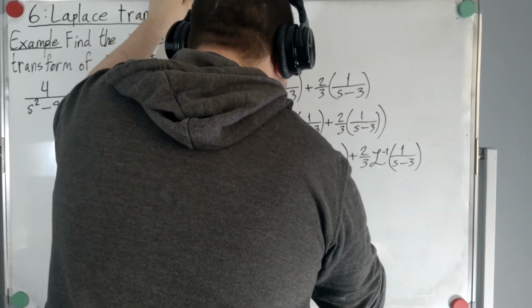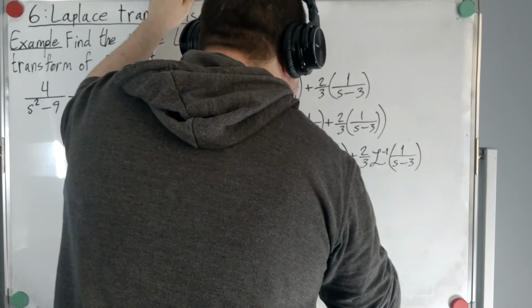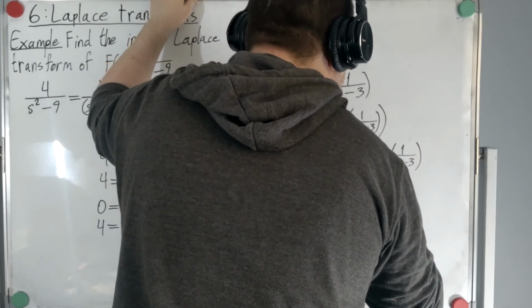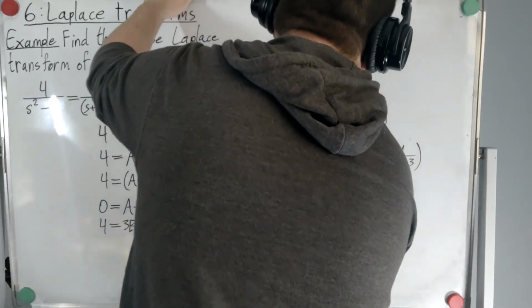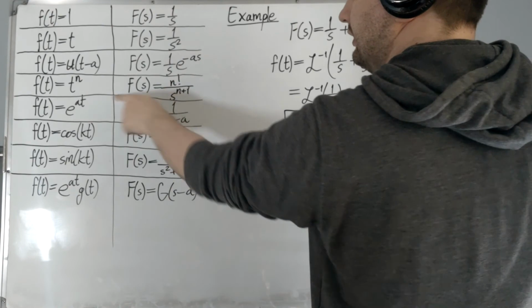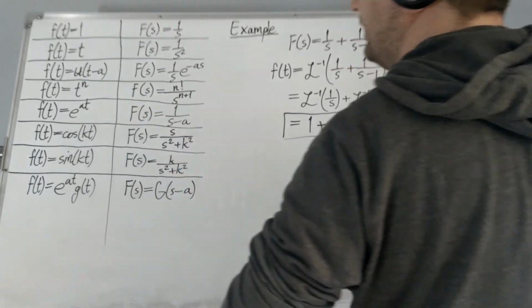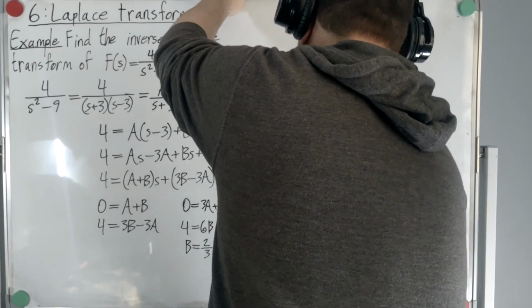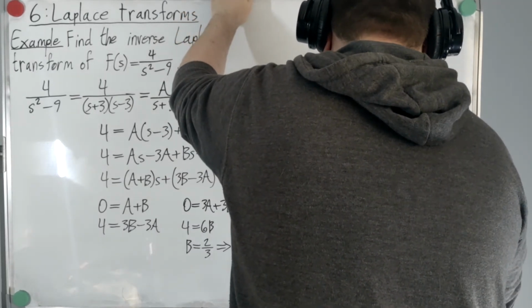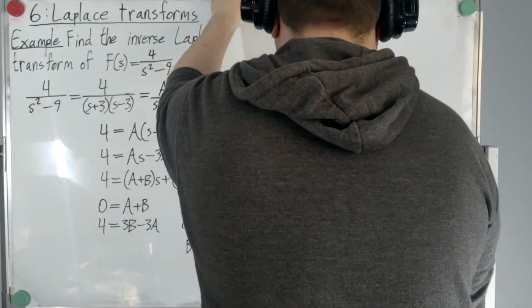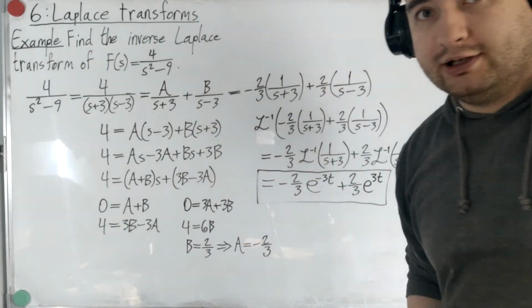So this becomes negative 2/3 e to the negative 3t. Then add to that 2/3. Okay, once again, 1 over s minus 3, inverse Laplace transform is e to the positive 3t. So e to the positive 3t. And then that is our inverse Laplace transform.